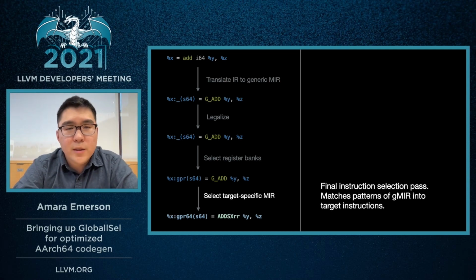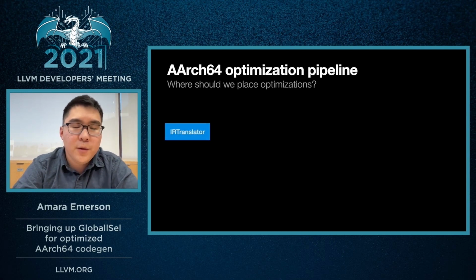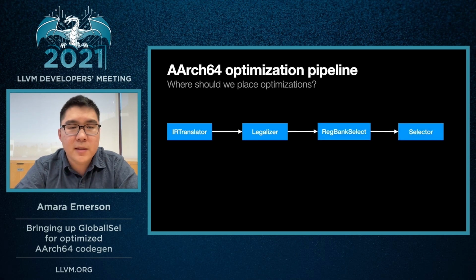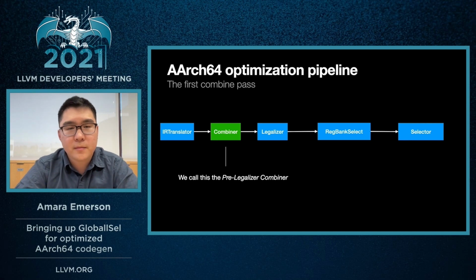So, where should we place optimizations? Well, here's our pipeline from before, and the first obvious place we could put it is right after translation. And that's what we do. We add the combiner pass after translation, but before legalization, and so we call this the pre-legalizer combiner.